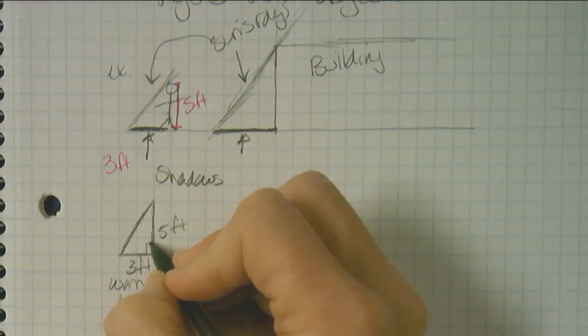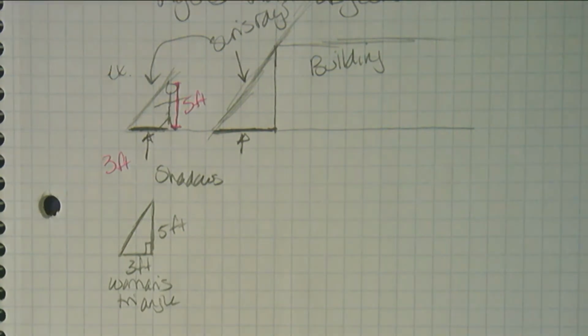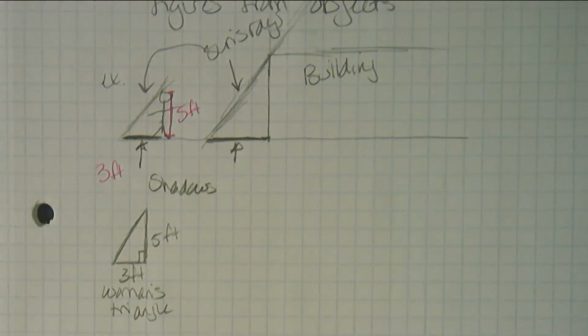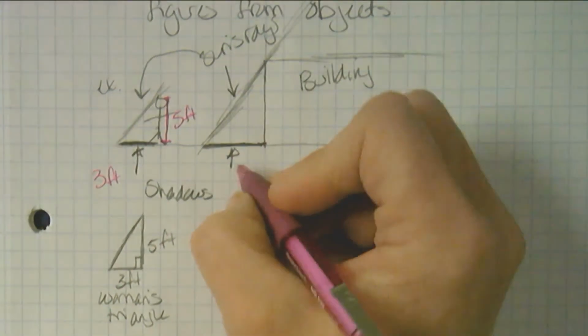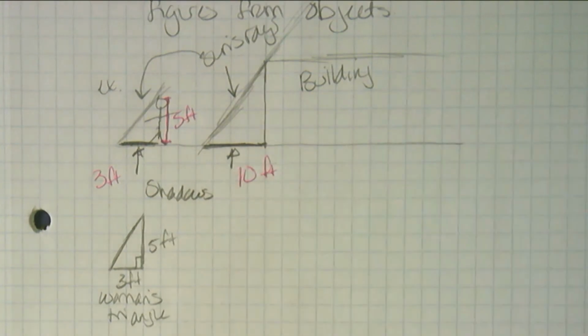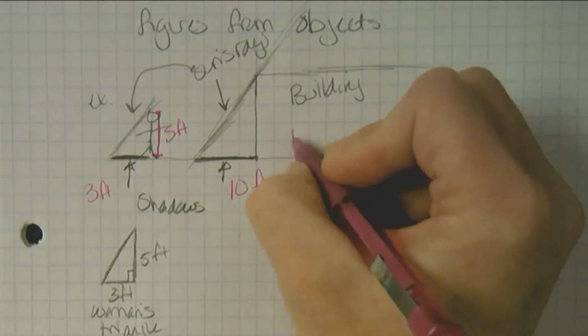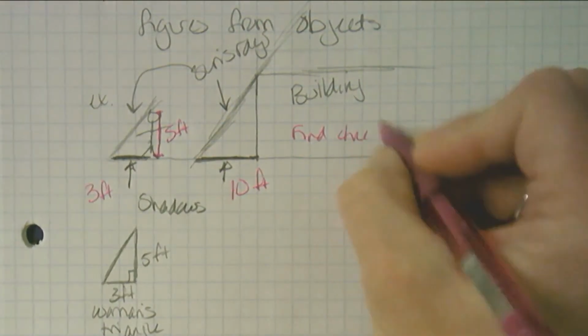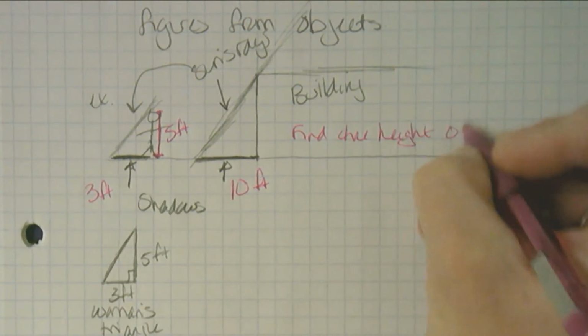And they create this right triangle. All right, and I will do the same thing for my building. Let's say the building's shadow is 10 feet. And I want to find the height of the building.